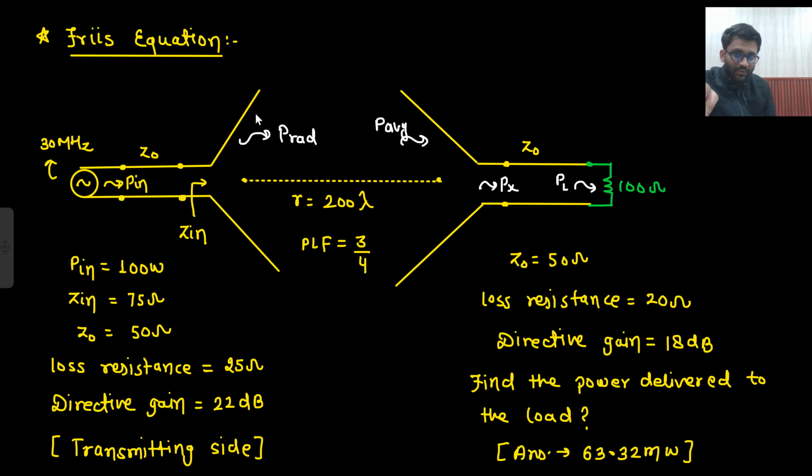Another loss will come because of the reflection coefficient. This antenna is providing 75 ohm impedance, and the value of this one is 50 ohm. So what will be the reflection coefficient? The reflection coefficient would be ZL minus Z naught upon ZL plus Z naught.